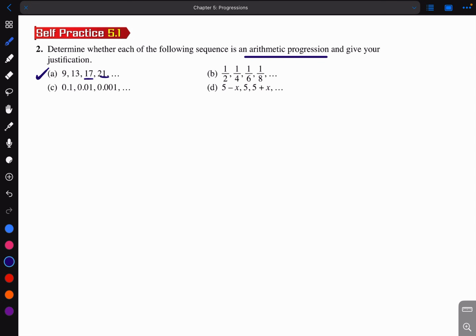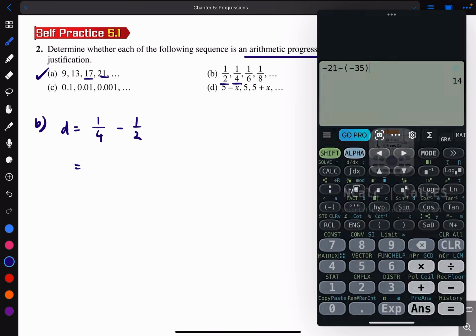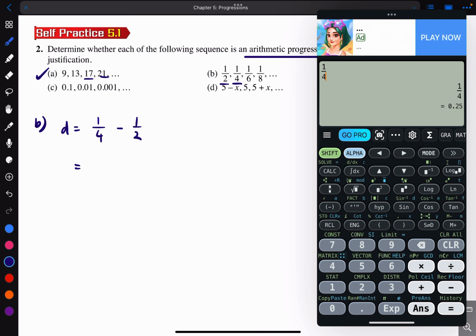Okay, let's try B. The difference will be 1 over 4 minus 1 over 2. 1 over 4 minus 1 over 2 is negative 1 over 4.